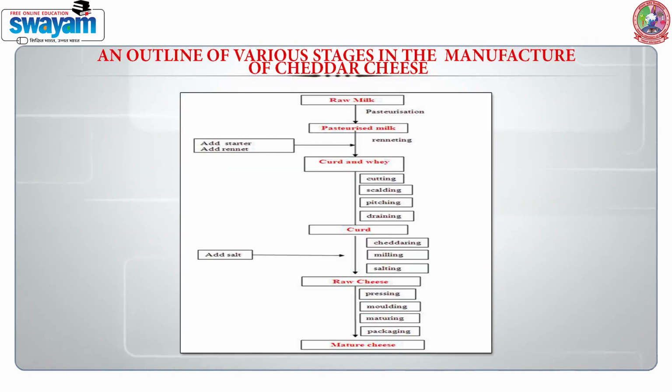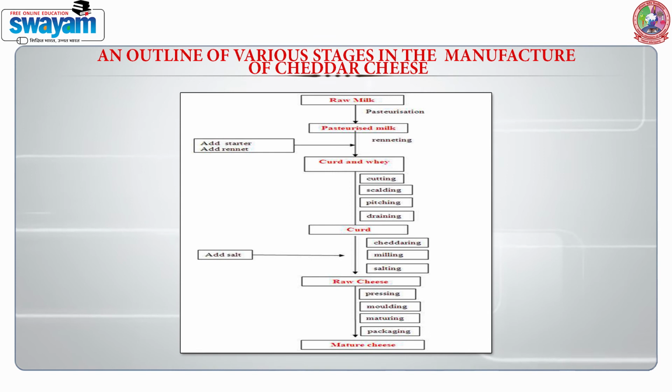Let us see what are the different steps for the conversion of raw milk to cheese. The first step is pasteurization, wherein the milk is pasteurized. This step is followed by addition of a starter culture and rennet. The process results in the formation of curd and whey.